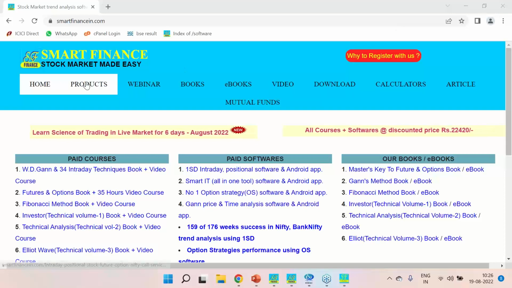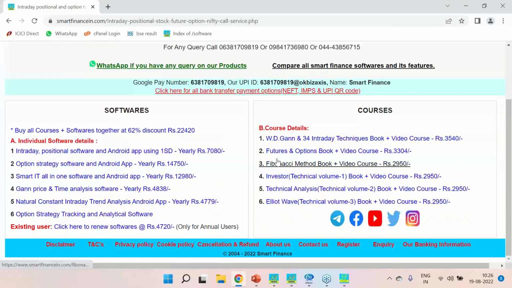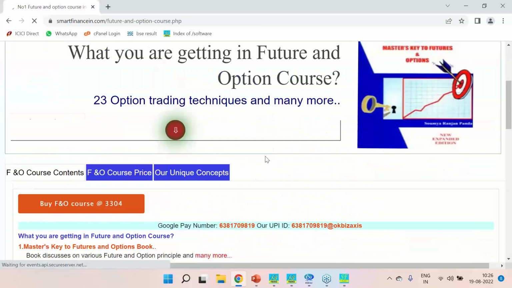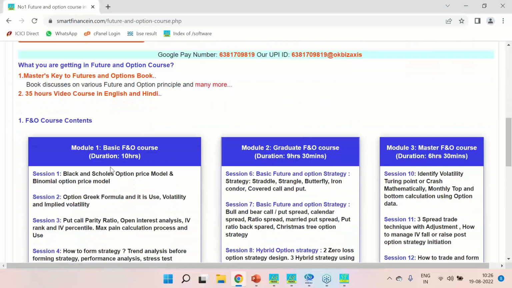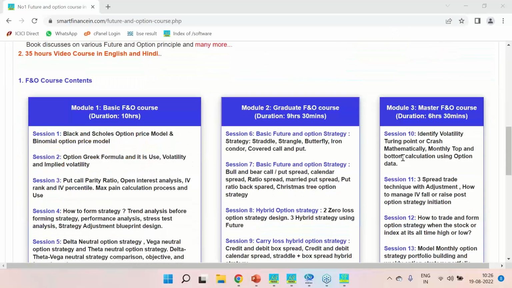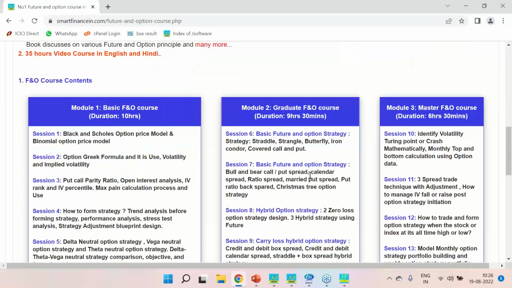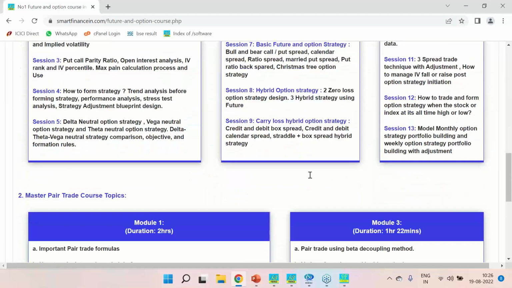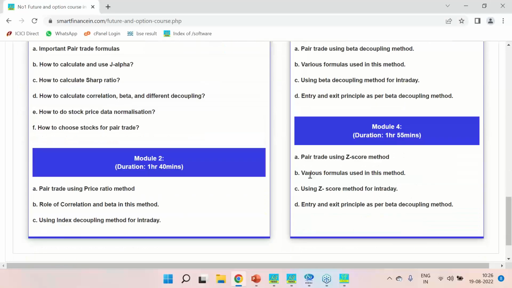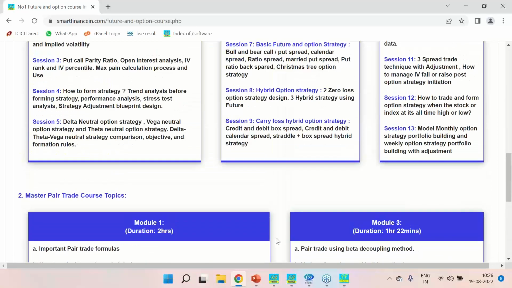Those who have gone through the 40 hours of futures and option course, which is modularized in this order, near to 40 to 45 hours, those people know how to form a strategy. These are the very important parts. One example I have shown you in the Christmas tree option strategy.